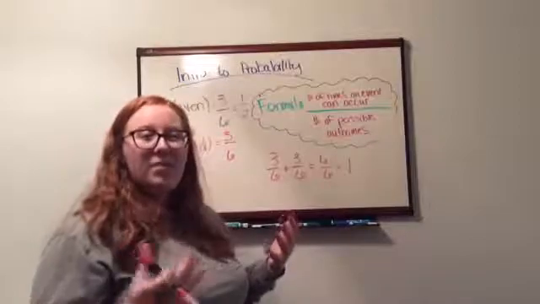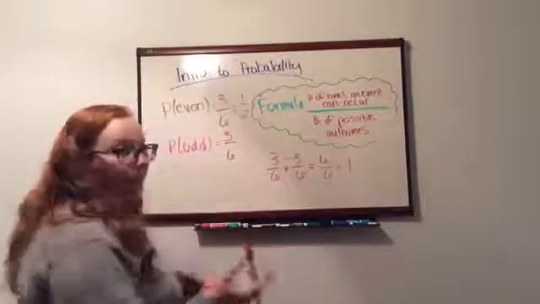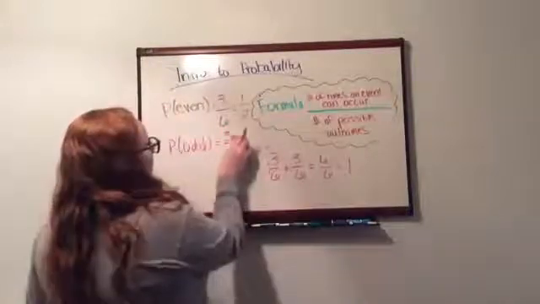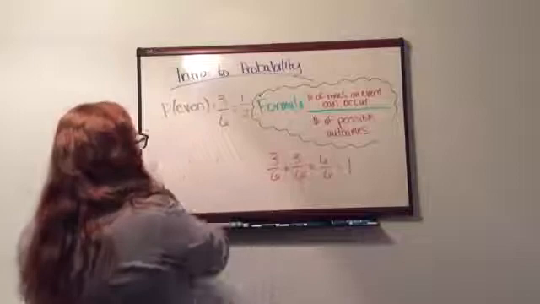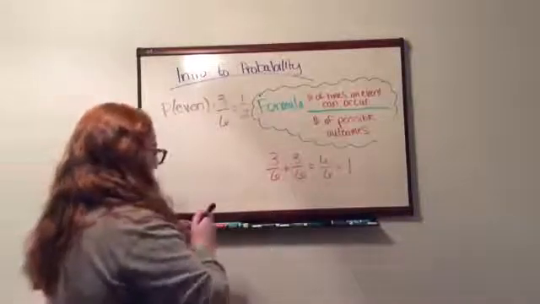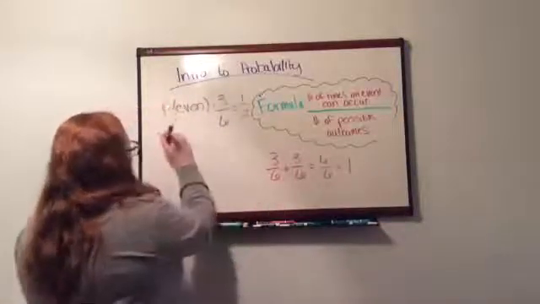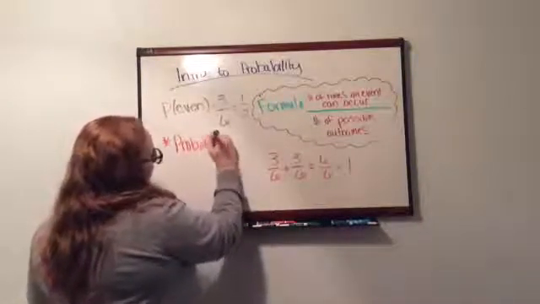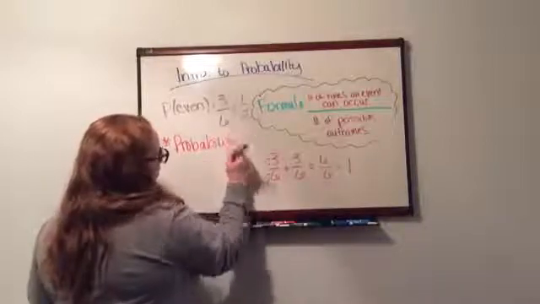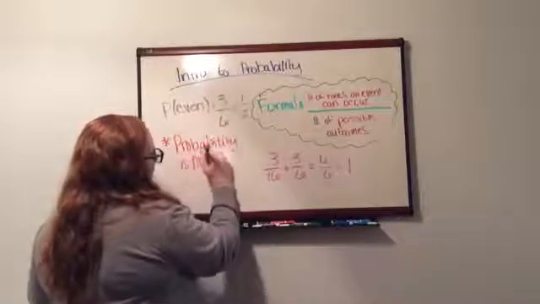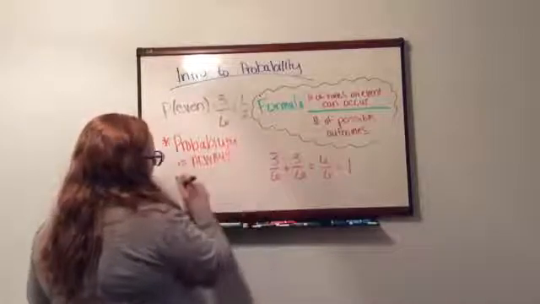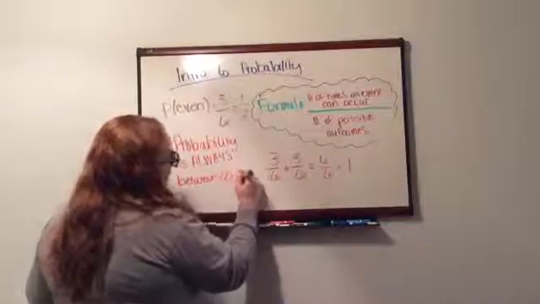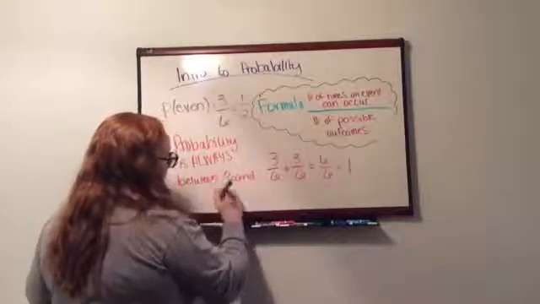And that takes me into the point that probability, I would write this down, because it's kind of important. I'll erase this so I have some room. Probability is always between 0 and 1.